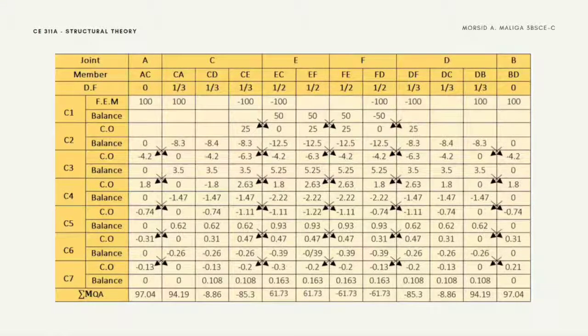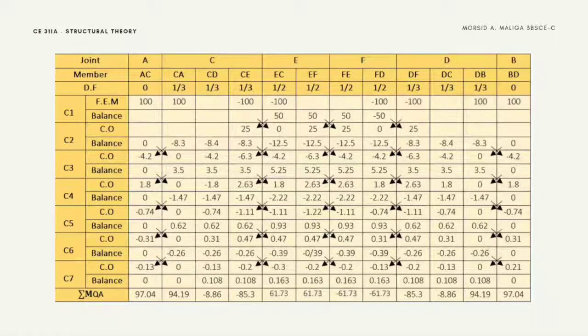And also, as we can see, the distribution factors were determined earlier. Since points AC and BD are located at the fixed support area, the distribution factor there is 0. For joint C we have 1/3 or 0.33.